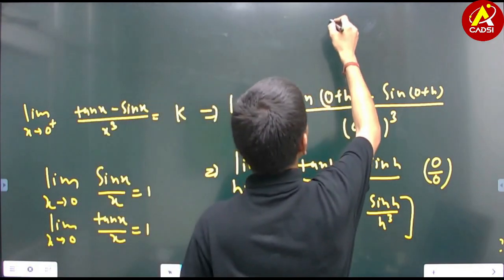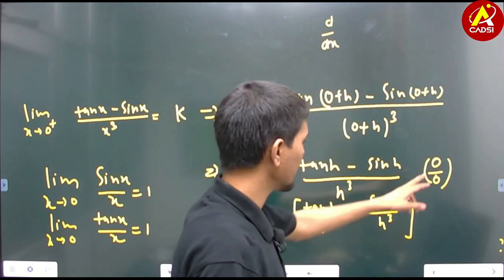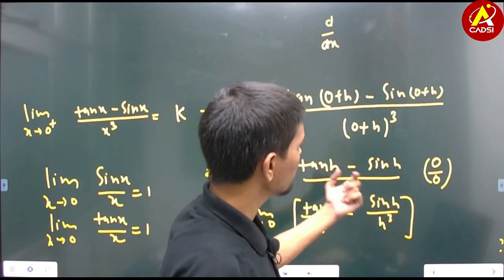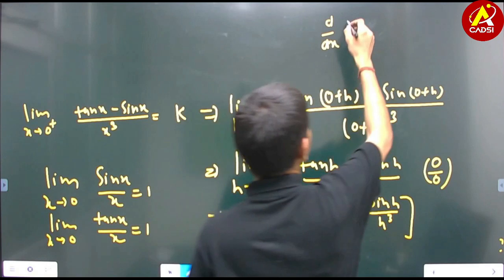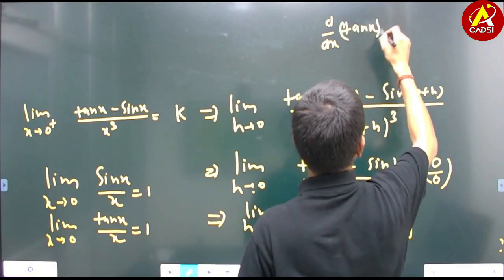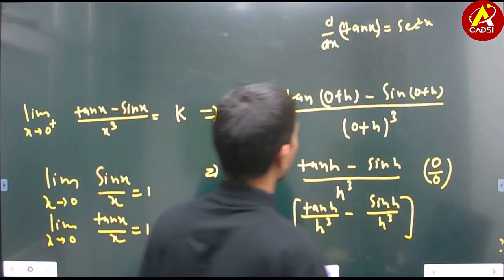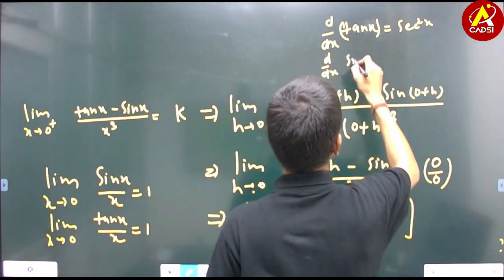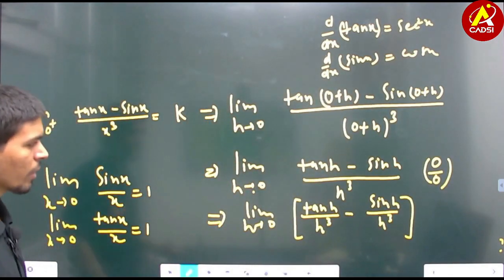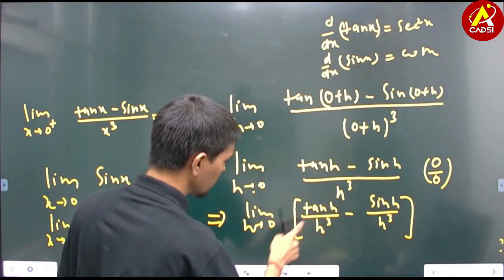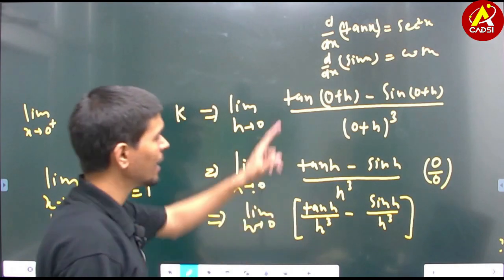So we should know some derivatives. If we have the form 0 by 0, we can use the L'Hospital rule, meaning the derivative of the numerator and the derivative of the denominator. We know the derivative of tan x is sec square x, and the derivative of sin x is cos x. Here tan 0 is 0 and sin 0 is 0, so it is 0 by 0 and we can use the L'Hospital rule.